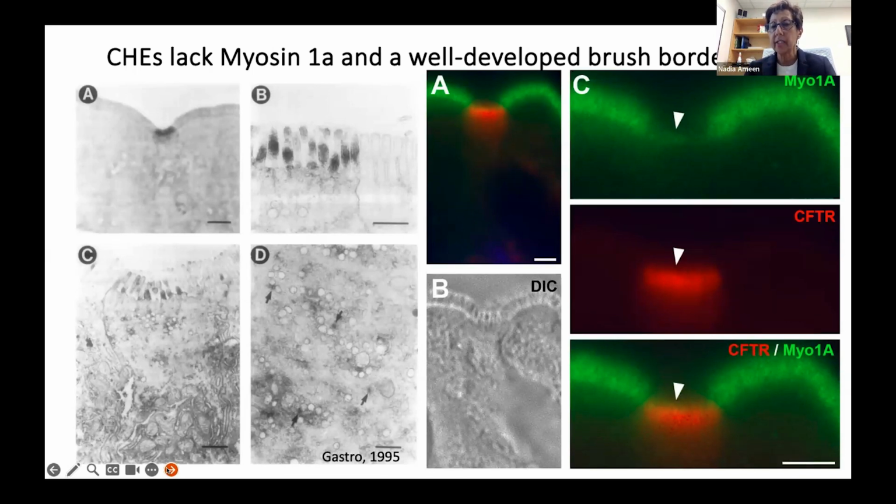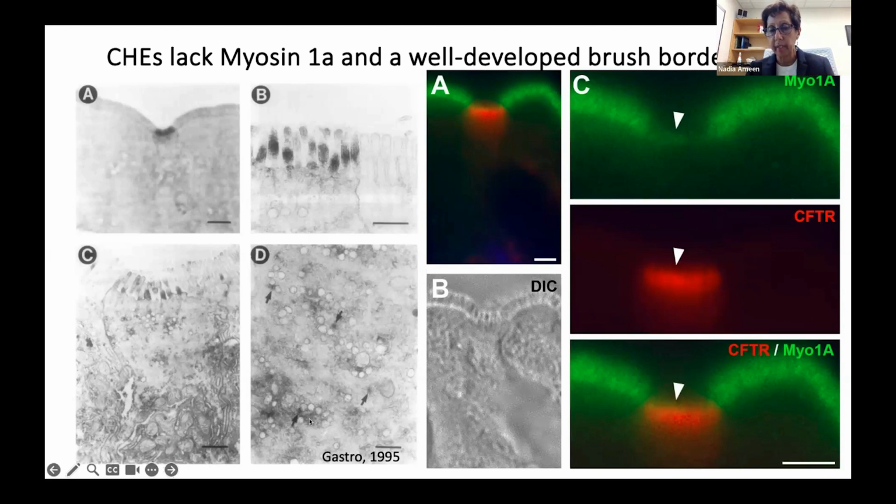So all villus enterocytes in the epithelium, in developed enterocytes, express myosin 1A, which is important for the development of the brush border, except for the cheese cells, which lack expression of myosin 1A, shown in green. Here you can see a high expressor cell lacking expression of myosin 1A in the merged image.